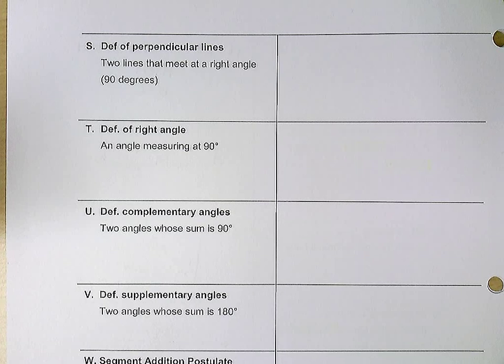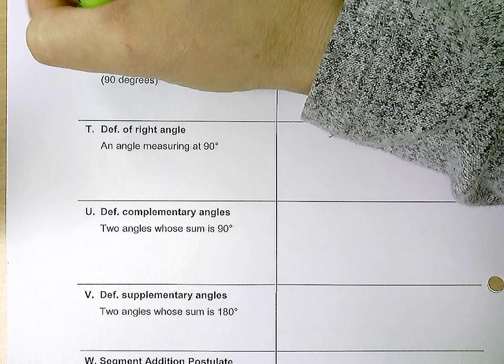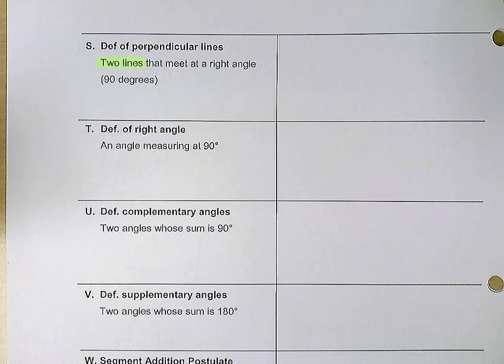So next we have the definition of perpendicular lines. Okay, so this one, I always remember, two lines. In order to use the definition of perpendicular lines, you do need two lines to meet at a right angle.